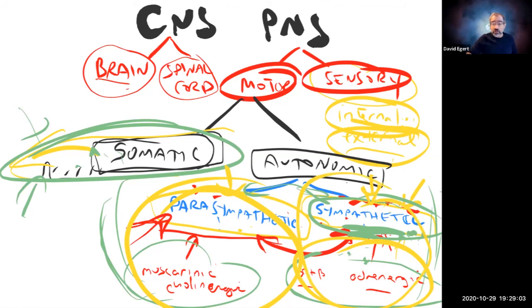So you should be able to answer a question like that because there's a lot of drugs that are used a lot that work by being agonists or antagonists to either acetylcholine or epinephrine and norepinephrine, and you should understand the basic idea of why that is such a useful thing.